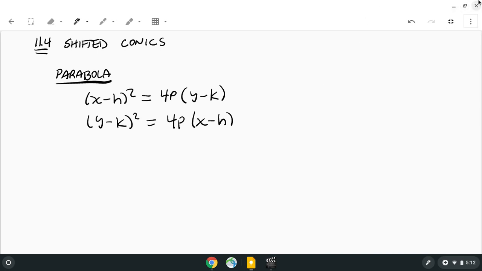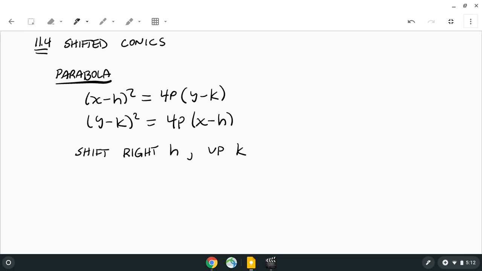When you have it written in either of these forms, it's going to be a shift right h units and up k. It's always going to be counterintuitive.